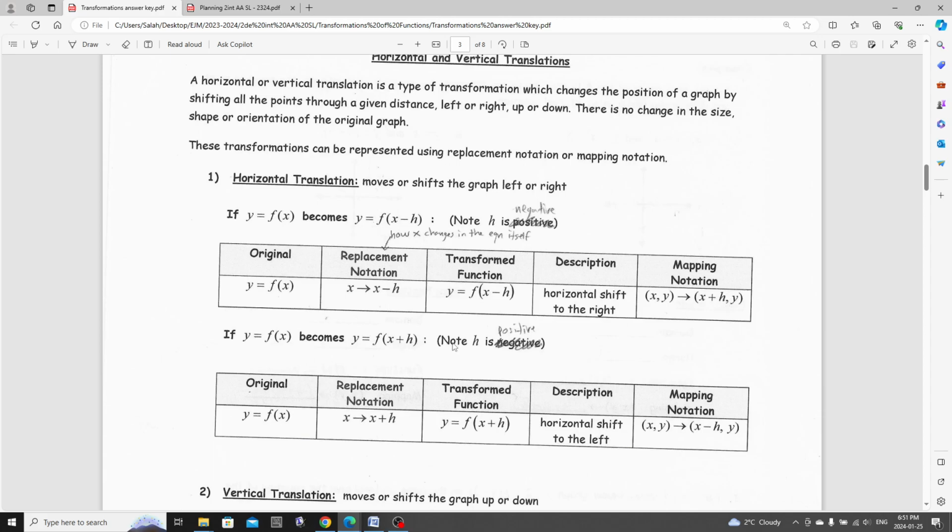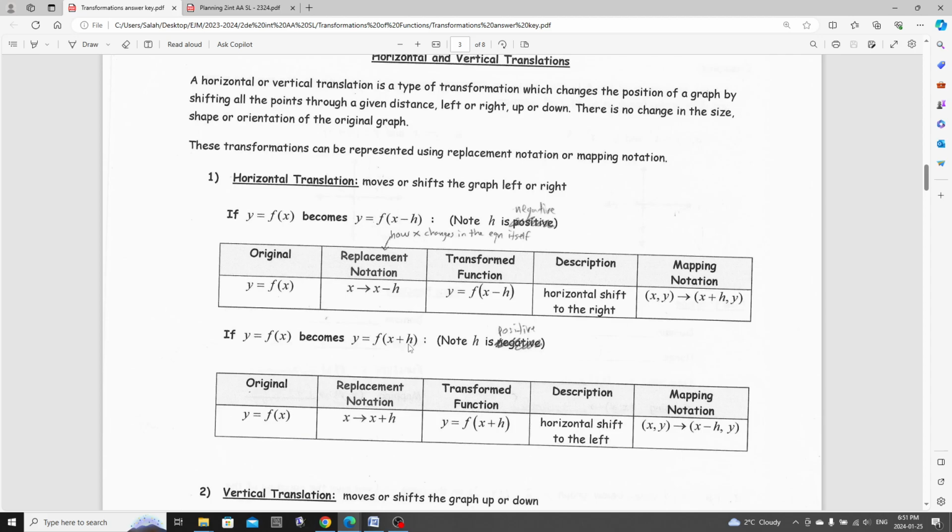Now, if you have y equals f of x plus h, all of this stuff still applies. The replacement notation is you're taking away the x and replacing it with x plus h in your function. This is now your transformed function. Now, this is still the opposite of what it appears. It appears that x is maybe moving to the right h units, but as we saw in class, it's actually the opposite.